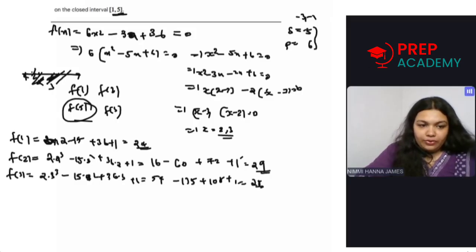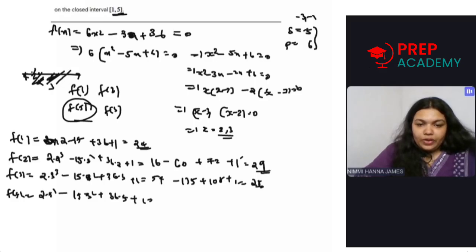Now we want to find f of 5 also. f of 5 is equal to 2 into 5 cube minus 15 into 5 square plus 36 into 5 plus 1.